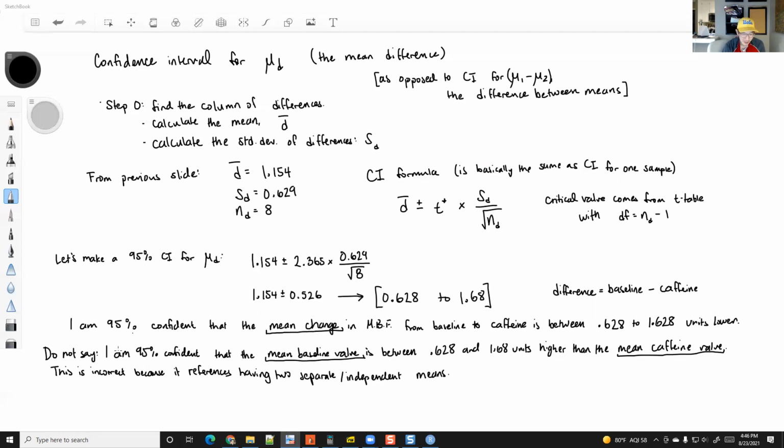I'll just write one example. Okay, I'm going to write it real small here. All right, so I'll say, do we have evidence that mu d is different from 0? And the answer is yes. 0 is not inside the interval.